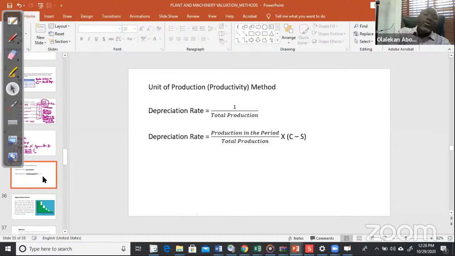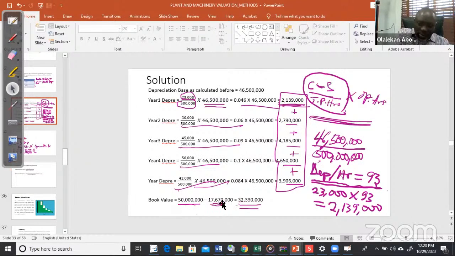Will that be the same sum? You will get the same accumulated depreciation. If you add 23,000 plus 30,000 plus 45,000 plus 50,000 plus 42,000 together, now divided by 500, then multiplied by your depreciable sum, which is 46,500 million, you will get this same figure, right?